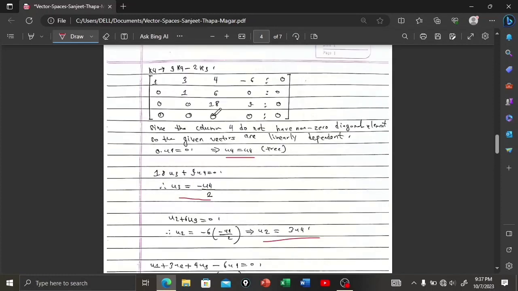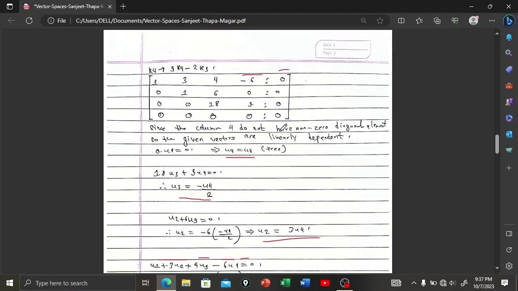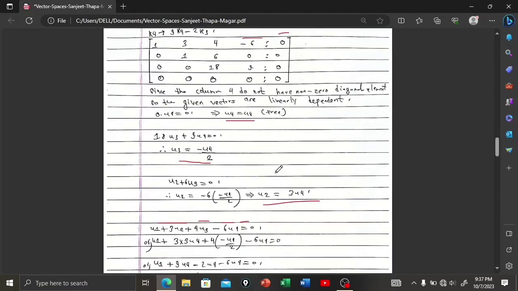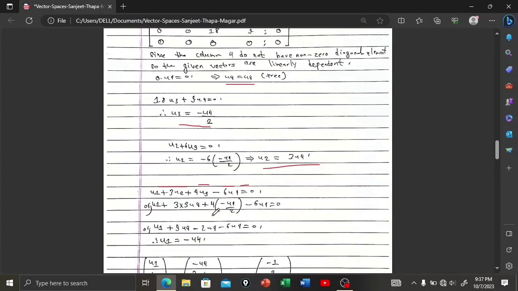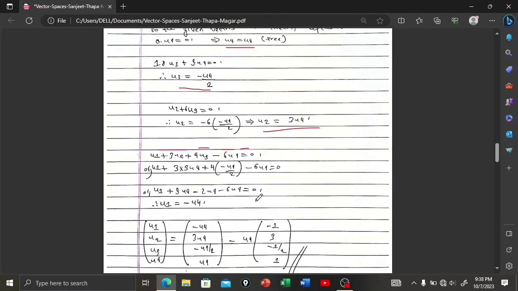Finally we have to find u1 from this. u1 plus 3u2 plus 4u3 minus 6u4 equals 0. Now u1 plus 3 times u2, which is 3u4, plus 4 times u3, which is minus u4 by 2, minus 6u4 equals 0.